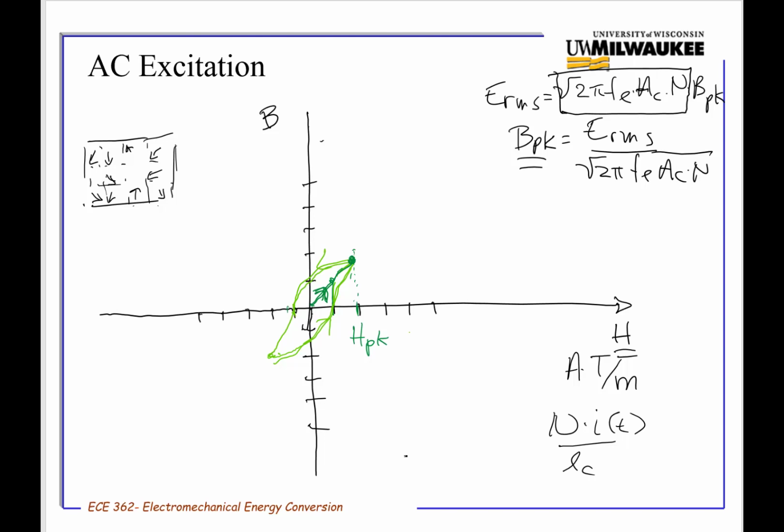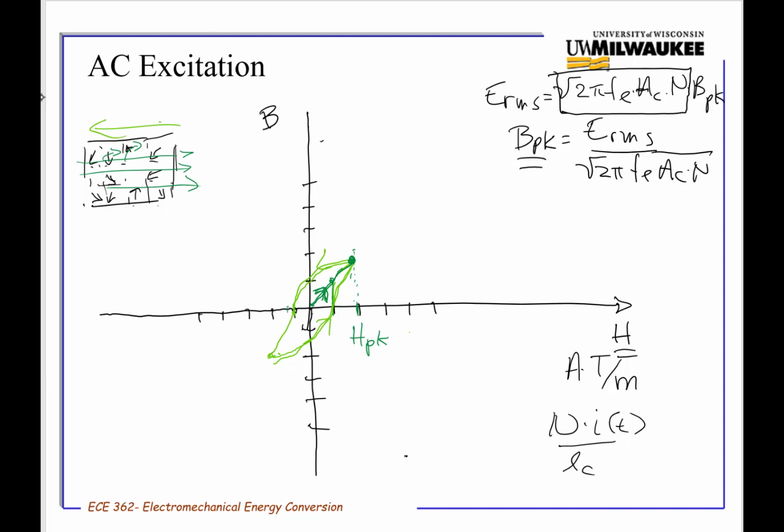It hits that point, and then it starts to go in the opposite direction. Well, what's happened is, as you are putting some flux into this core, you're starting to move these magnetic dipoles, and now you're going to go back in the other direction.